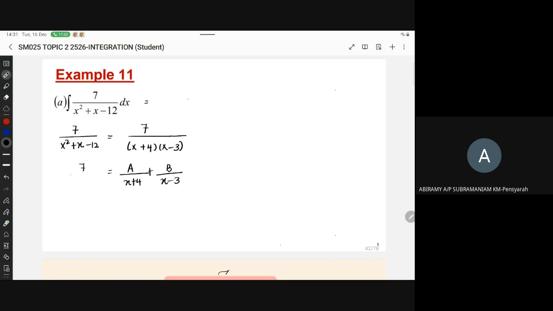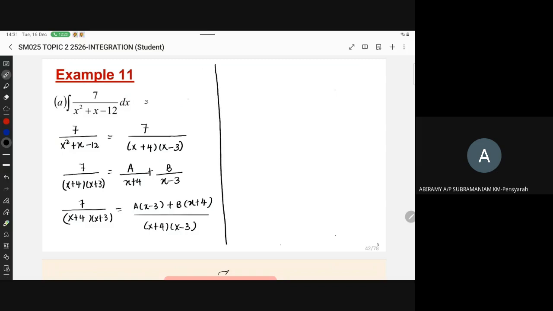Next, to find the values of A and B, we equate: 7 over (x plus 4)(x minus 3) is the same as A multiplied by (x minus 3) plus B multiplied by (x plus 4), divided by (x plus 4)(x minus 3).